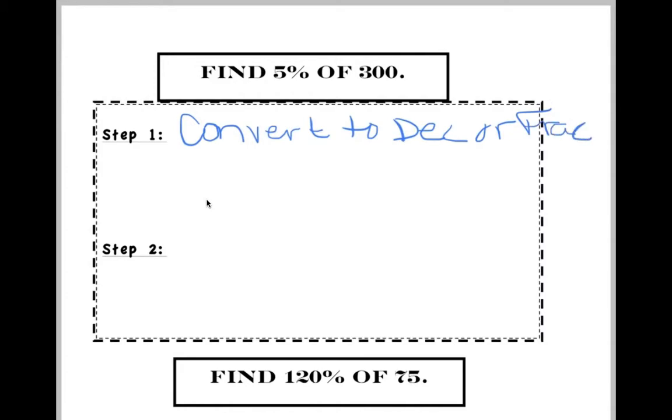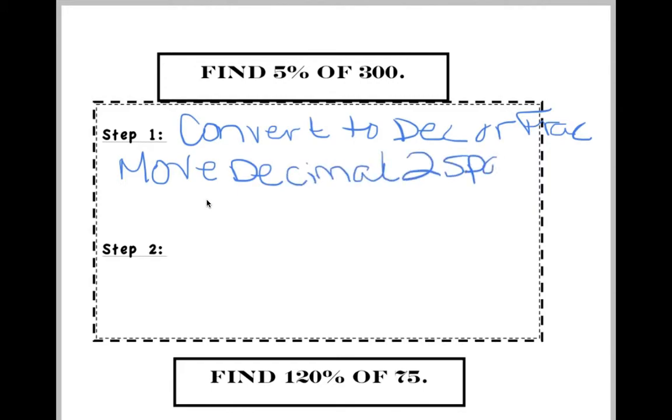Okay, when we convert to a decimal, do not forget it's always 2 spaces. So move the decimal 2 spaces. That's the biggest mistake people make, is they move it only 1 space, and you would end up thinking it was 0.5, and it has to be 0.05, or 5 over 100.